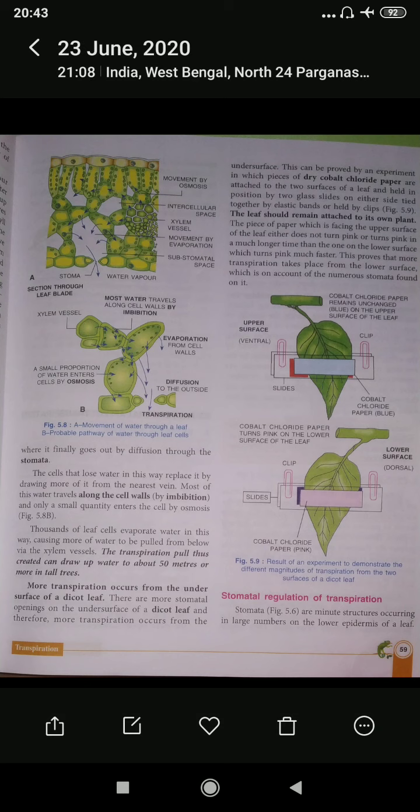When the turgor pressure of the guard cells increases, their outer wall is pushed out towards the periphery. As a result, a tension is created on the inner wall of these cells. Consequently, the inner wall of the guard cells moves towards the periphery. So, this causes opening of the stomata.